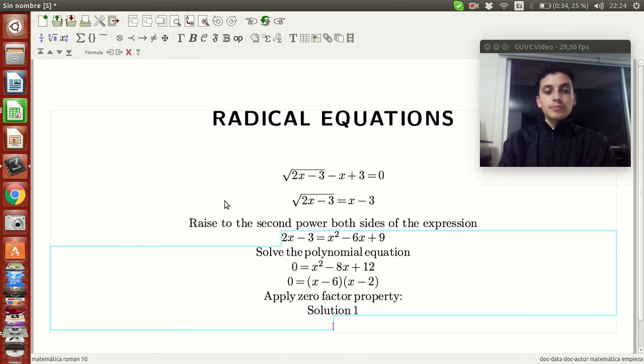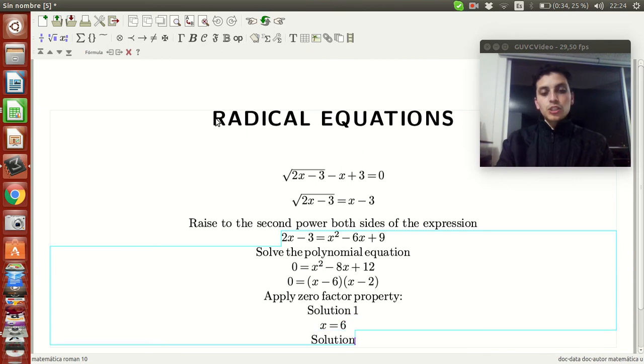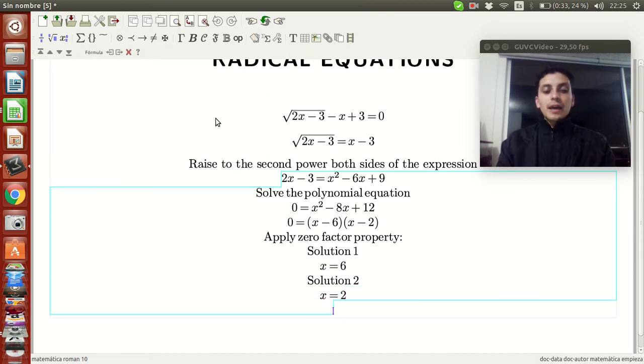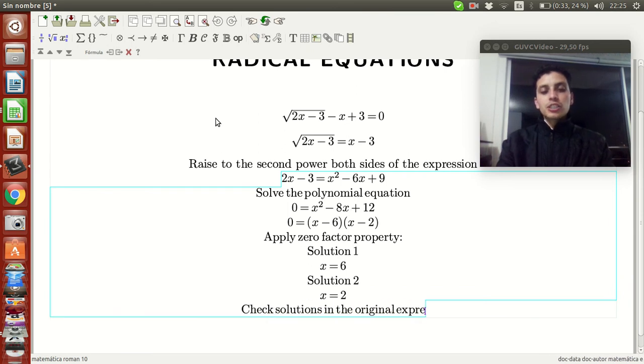Solution 1 is x equals 6, and solution 2 is x equals 2. 6 and 2. Now check the solutions in the original expression or equation.